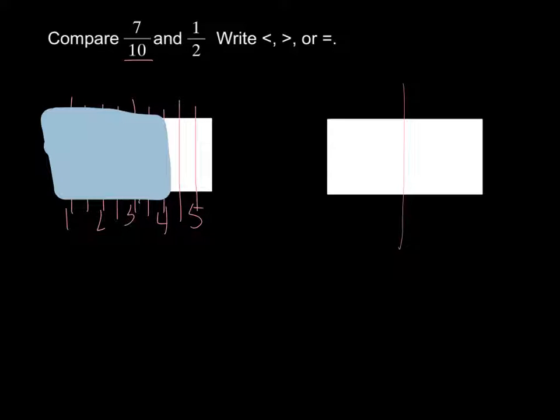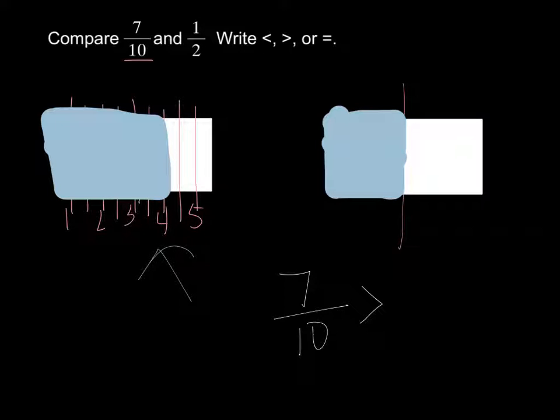And then if I'm going to do how much I'm going to eat here, I would eat this much. So then we'd ask ourselves, okay, what's bigger, 7/10 or 1/2? Well, if we look at our pictures here, we can see that 7/10 is bigger. So if I wrote my statement, I would say 7/10 is greater than 1/2.